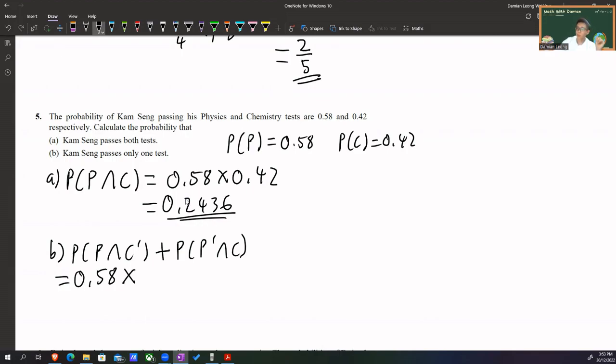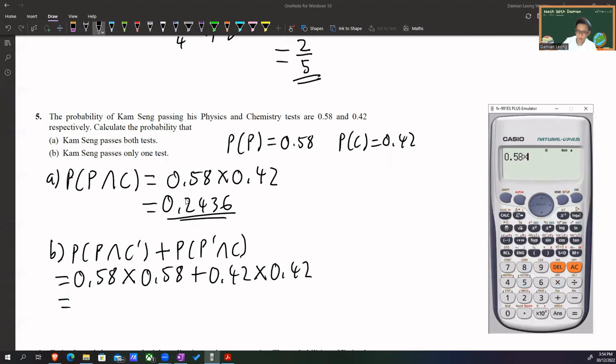If probability of chemistry pass is 0.42, means he fail will be 1 minus 0.42, so 0.58. Or physics fail, 0.58 is pass, means 0.42 is fail, 1 minus 0.58, times 0.42, probability of chemistry passing.